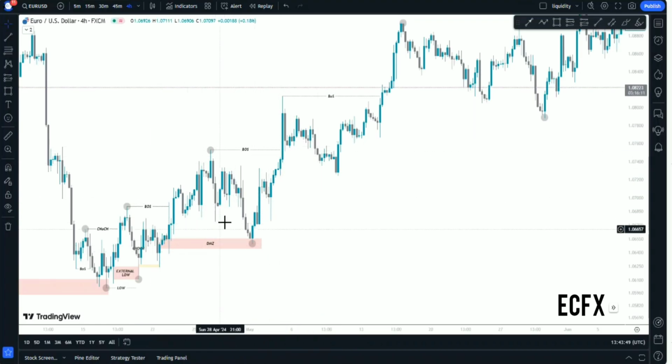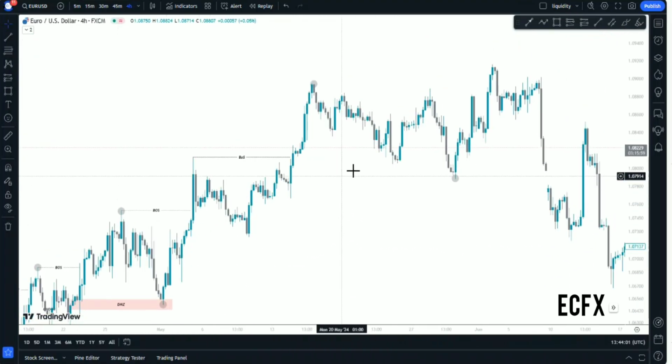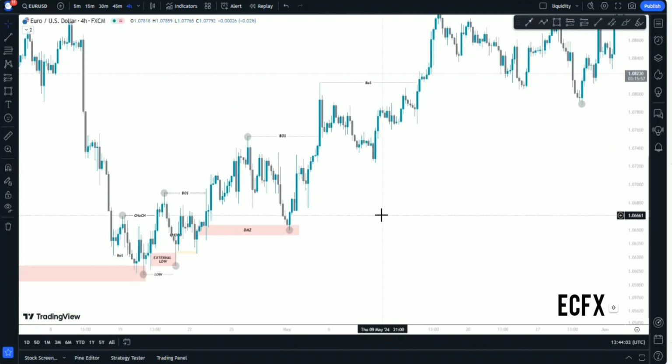Identify an entry point if you have missed an entry point on the higher time frame. Move down in time frames like the 15-minute or 5-minute, and then identify a zone or a level from which you can take an entry point or fill a contract on the lower time frames, targeting the external highs or lows that you have marked out.